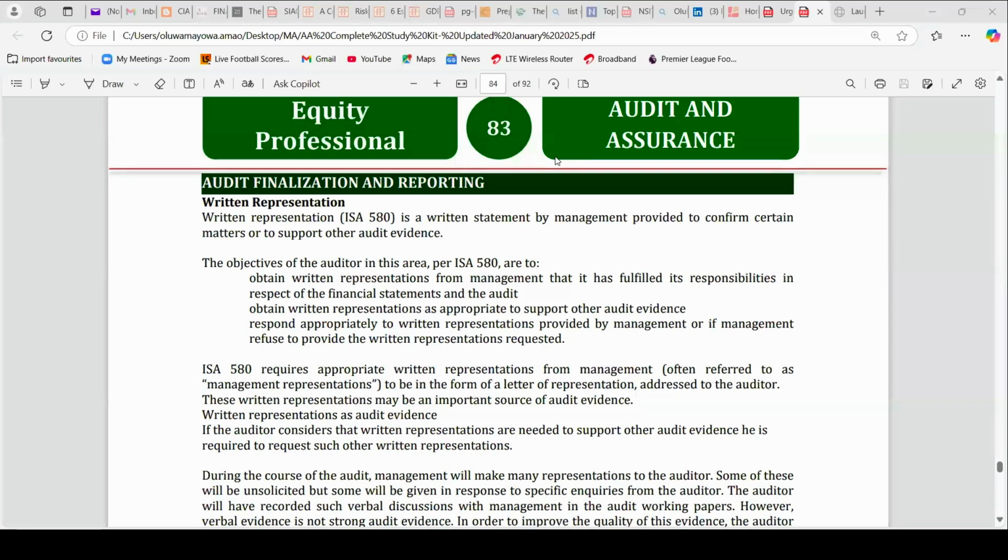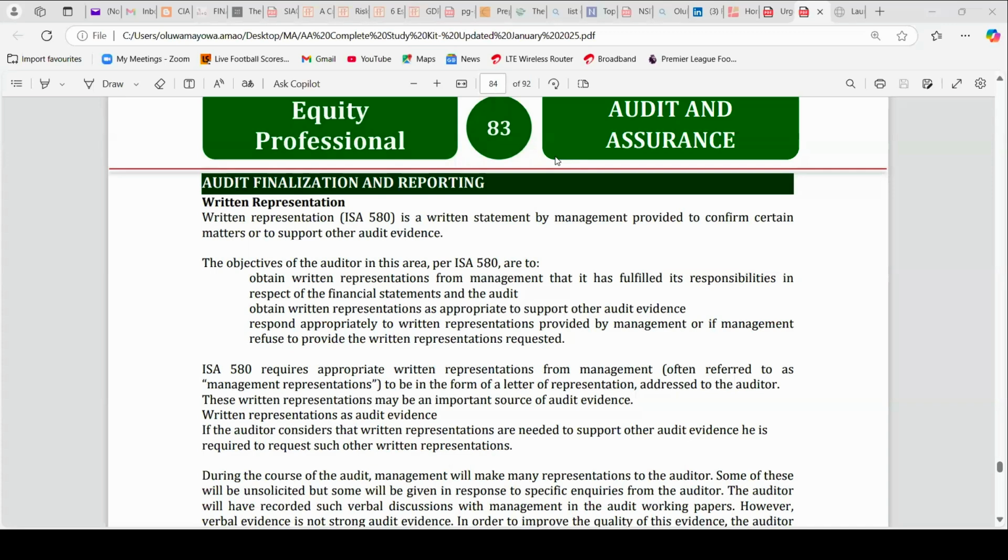And that's what this particular objective is saying, that where appropriate, the auditor should respond to the written representation. So it's not just that they provide written representation. Does it necessitate a response from the auditor?